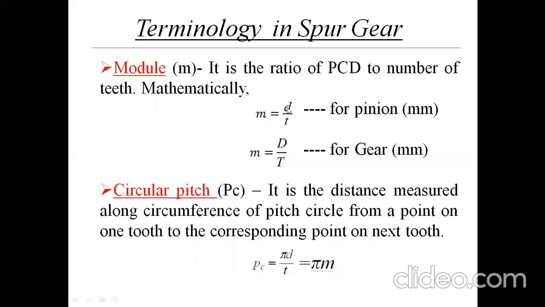As d is the diameter measured in mm and t is measured in number of teeth, the ratio has the unit mm. Module is measured in mm, and capital D by capital T I use for gear. So module is nothing but D by T.